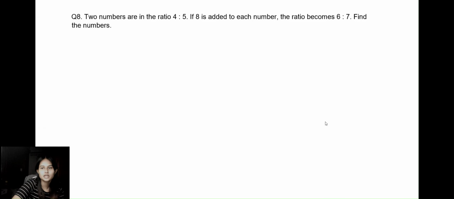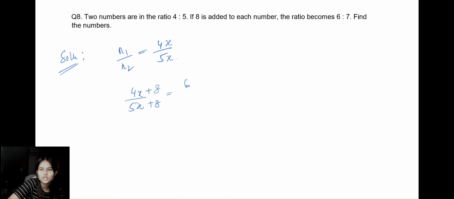Okay, moving on to the next question. So what is given, two numbers are in the ratio 4:5. So let number 1 by number 2 be 4/5. If 8 is added to each number, ratio becomes 6:7. So if we think that number 1 is 4x, number 2 is 5x, then it is given to us that if 8 is added to each number, ratio becomes 6:7.